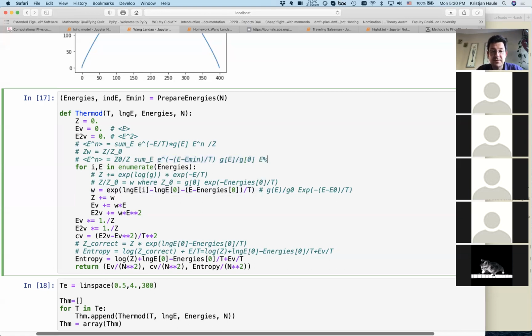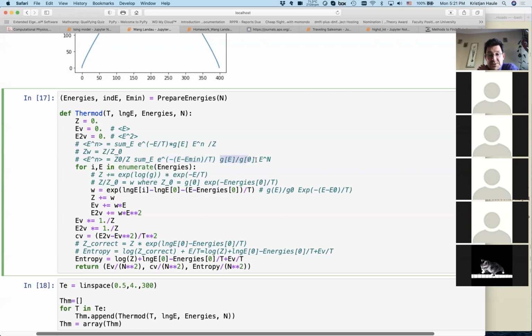So it needs e to the power of n. What I wanted to say is that this W is exactly this G divided by G0, e to the minus E min over T. So how do we see that? Well, we are storing the logarithm of the density of states. Therefore, G of E divided by G0 is actually the exponent of the logarithm of the density of states at a particular energy E minus the logarithm of the density of states of the ground state, G0, isn't it?